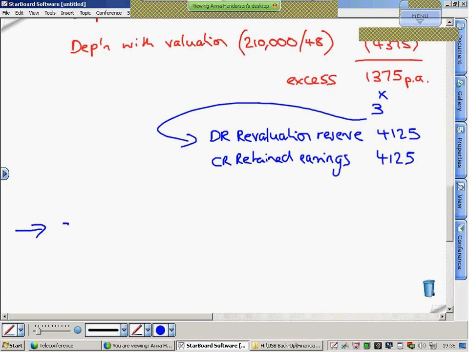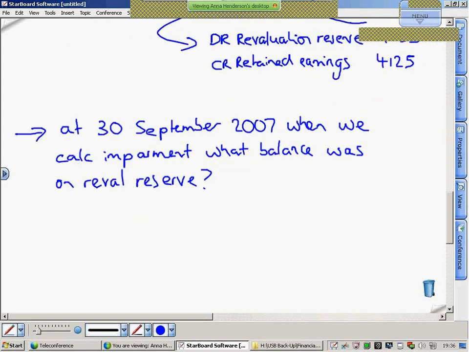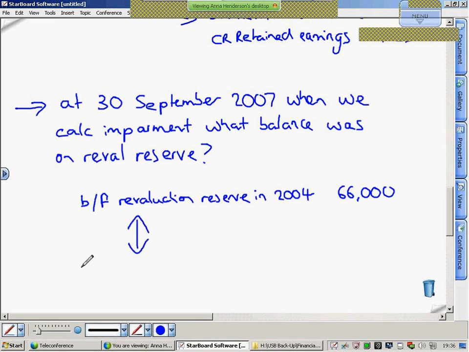Okay, so what we need to think about is at the 5th of September, the impairment, what the valuation started off with, brought forward, in 66,000, less the transfer for depreciation.